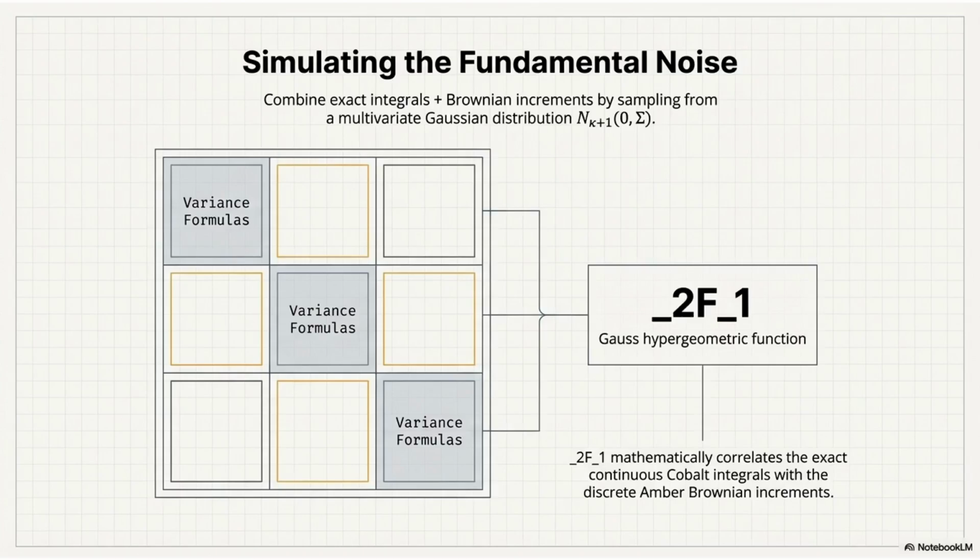Finding the exact correlation matrix between these two different types of random noise requires calculating their exact overlap. To mathematically correlate them, we use a tool called the Gauss hypergeometric function, denoted as 2F1.